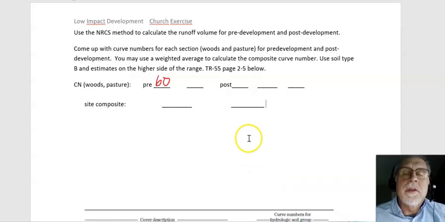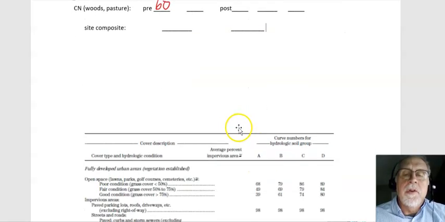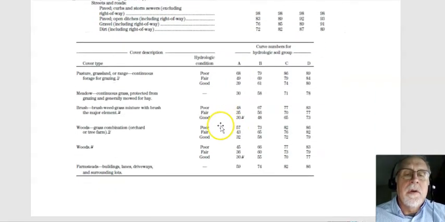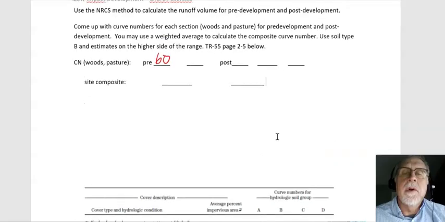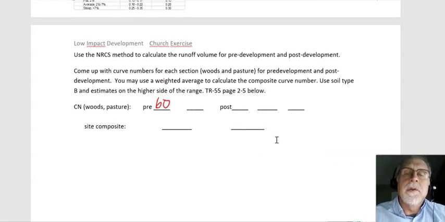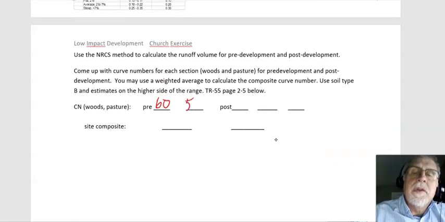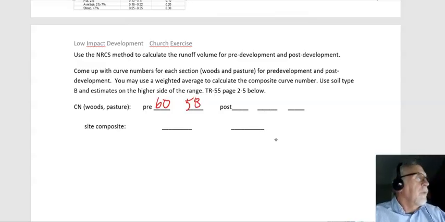And then for the right hand side of it, I'm going to use the meadow for soil type B. That's a 58. Soil type A is 30, so it's quite a bit different. Again, different soils drain differently, but that seems like a big difference. So I'll do a 58 there.